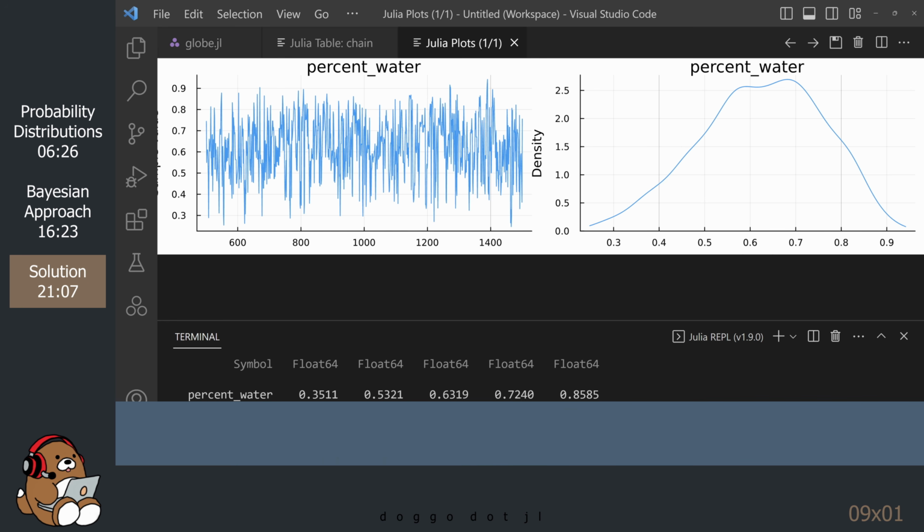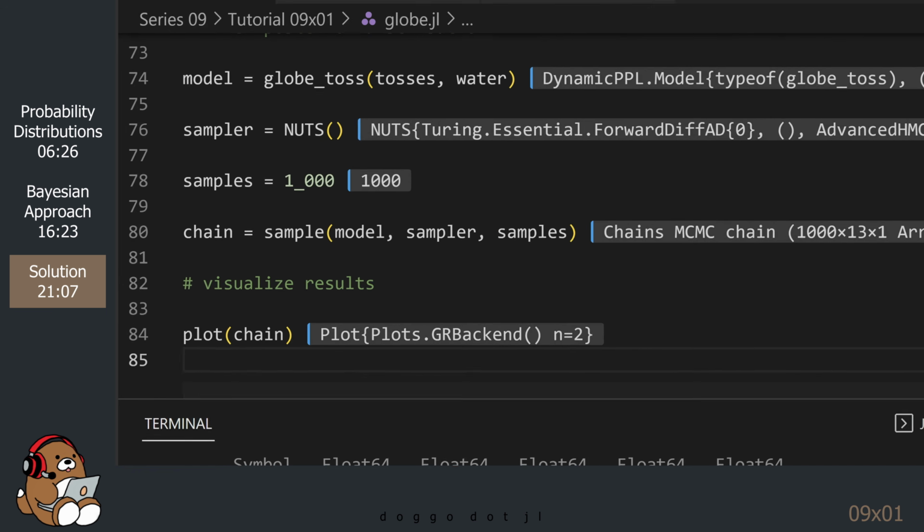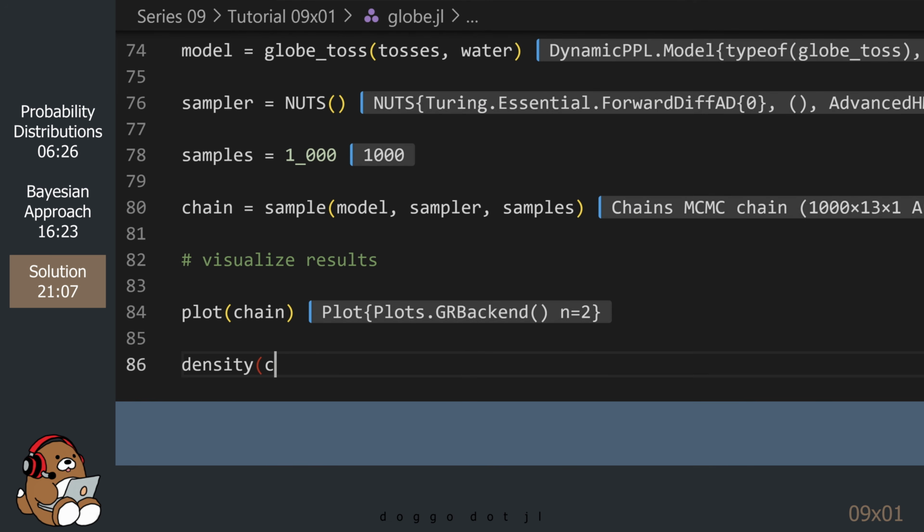The plot on the right is the PDF for the approximation of the posterior distribution of the input parameter. In order to see this better, let's create a separate plot just showing this density plot.